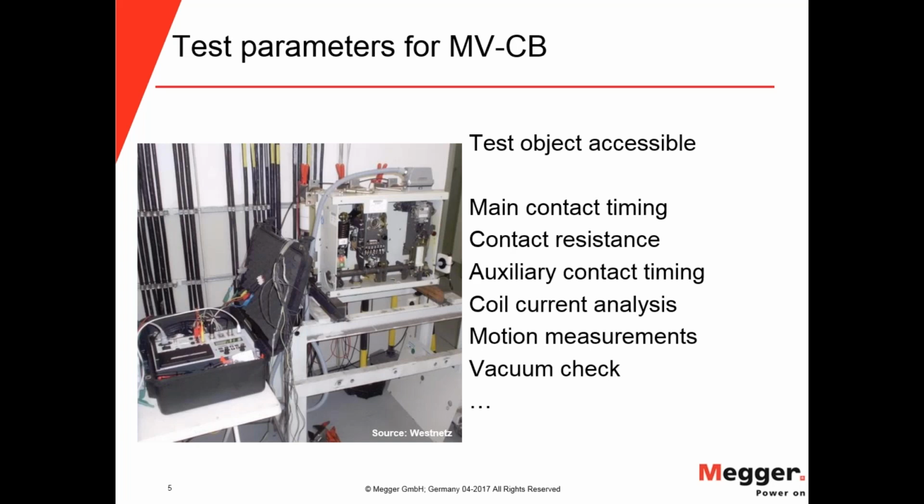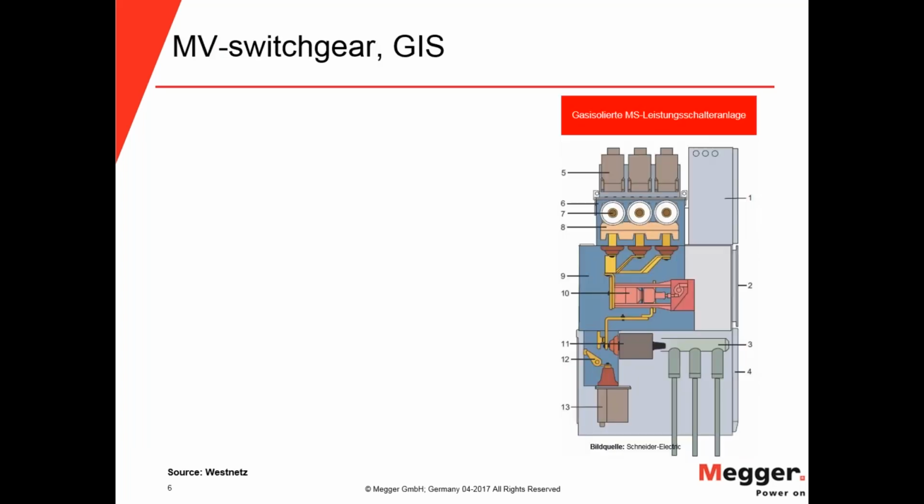So now we go on to the gas insulated switchgear. So here you see a typical bay, compact bay. Here it's a single bus bar in this station. So you have the bus bars here.